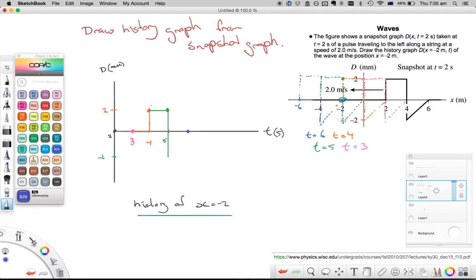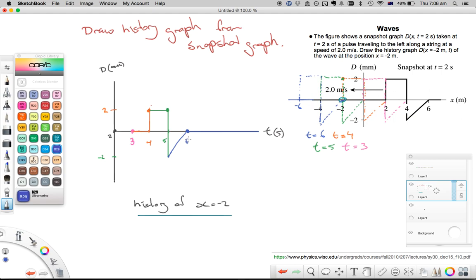Well, it was here, and then as this pulse moves, it travels along this line. It's going to gradually move back at a constant velocity to a displacement of 0. From then on, there's no suggestion that there's any more of this pulse back here, so from 6 seconds onwards, our particle remains at a y displacement of 0 millimeters.